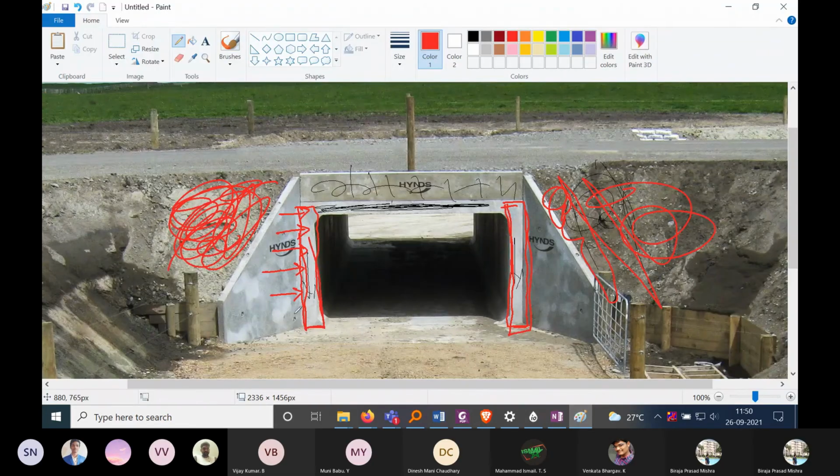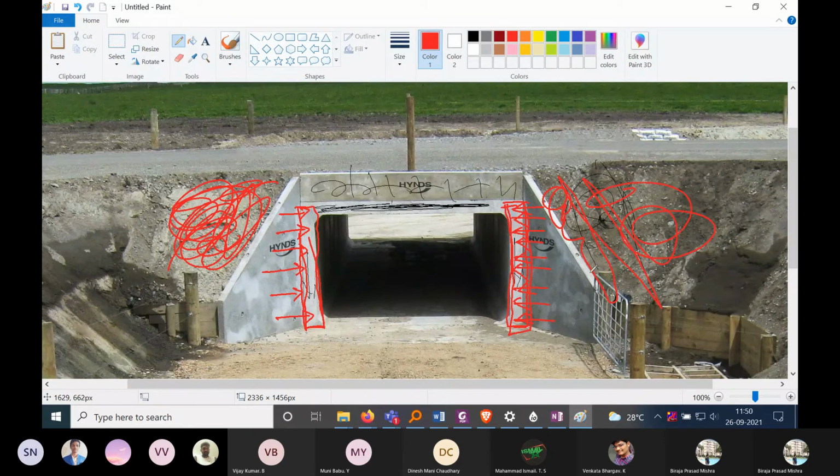As I already told, this soil pressure will be in the form of a uniformly distributed load. Then we have another load.